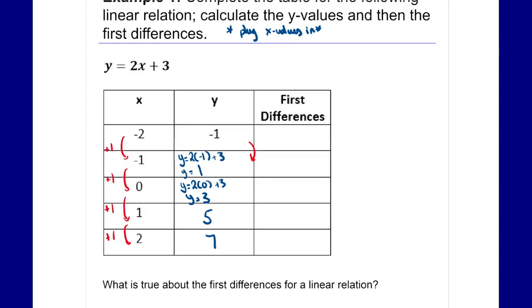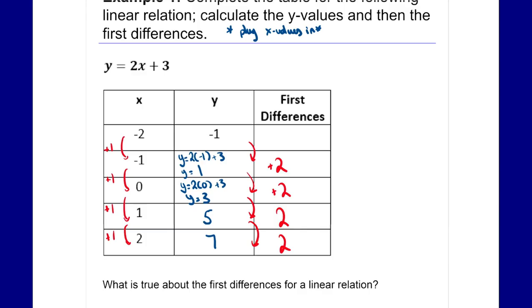For the first differences we're going to do the same thing, except we're going to look at the y values. So -1 to 1, that's a change of 2, or positive 2. From 1 to 3, that is also a change of 2. From 3 to 5, that's 2. And from 5 to 7, that's also 2. So again, you may remember doing this in grade 9.